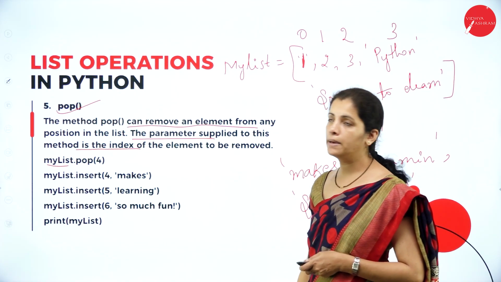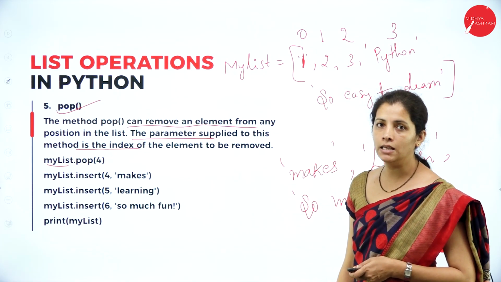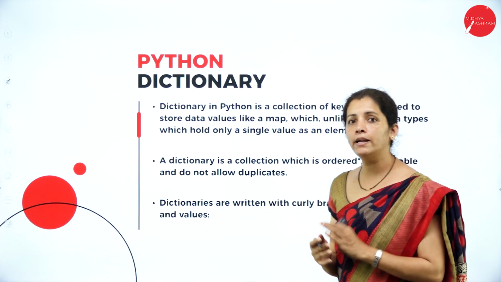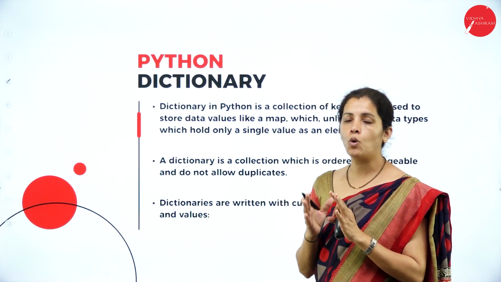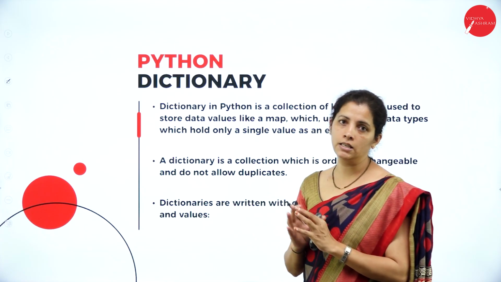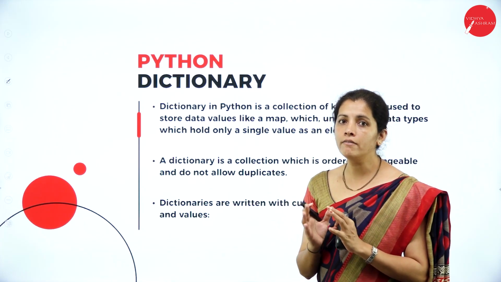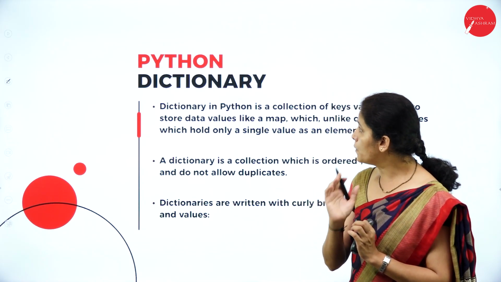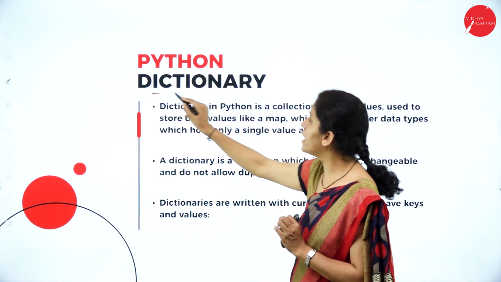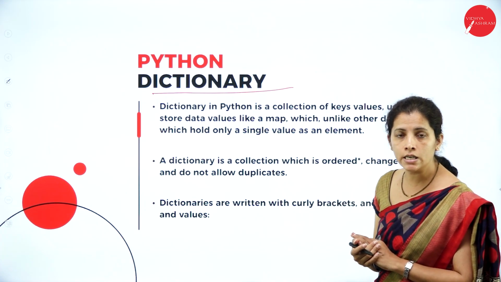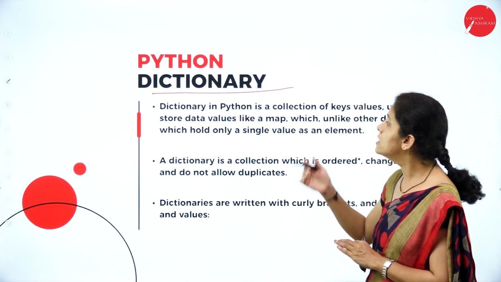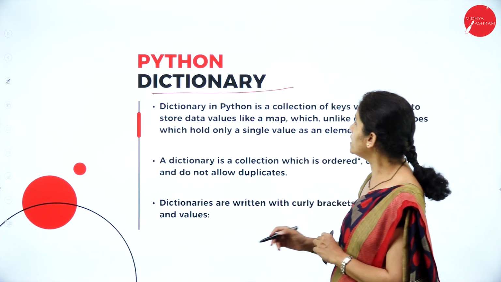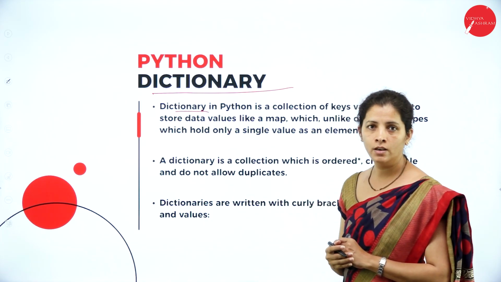These are certain methods supported by the list. So, dear students, in today's session, I started with what is a list, how to create a list, and I have covered some of the important list methods. Along with that, I'm going to have another very interesting topic, that is dictionary. So, what is a dictionary?